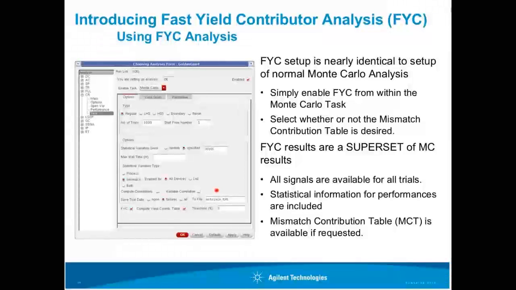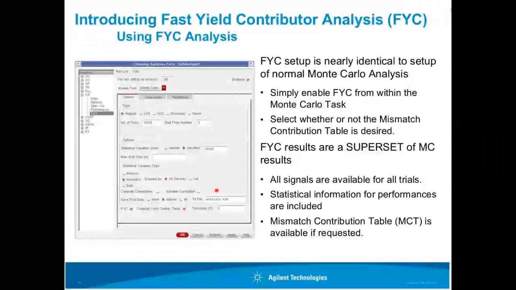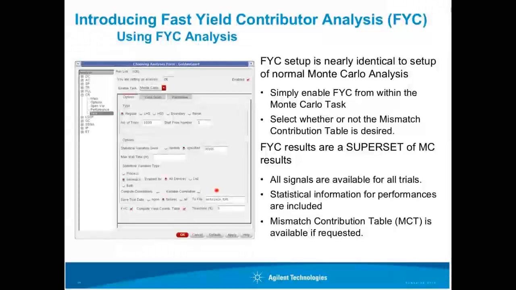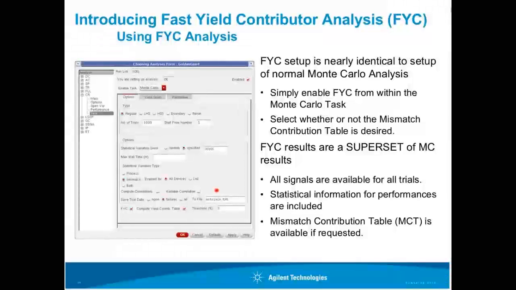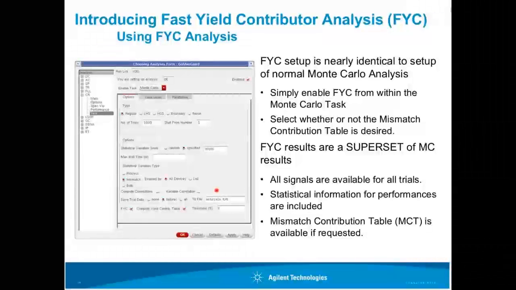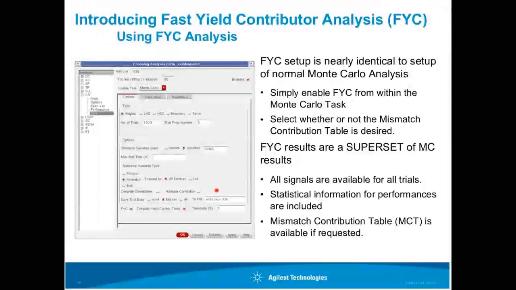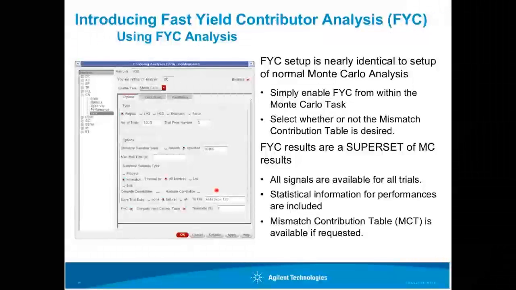And in IC5, all you need is Golden Gate, and for the analog design environment, the L version. For example, if you were going to run Monte Carlo and other things with Spectre RF, you would have to have the more expensive version, which is ADE-XL. But for Golden Gate, all you need is the ADE-L, and all the rest of this, optimization, Monte Carlo, fast field contributor, is built into the standard product.